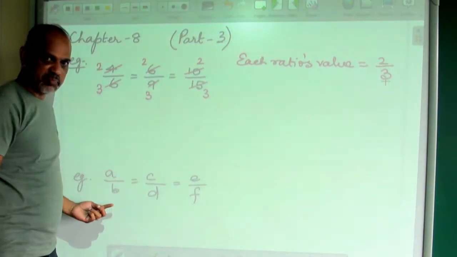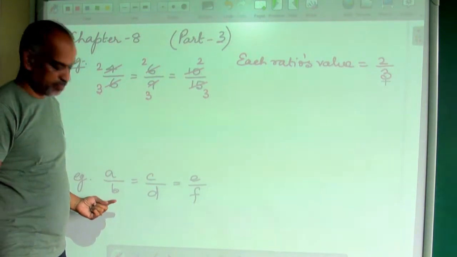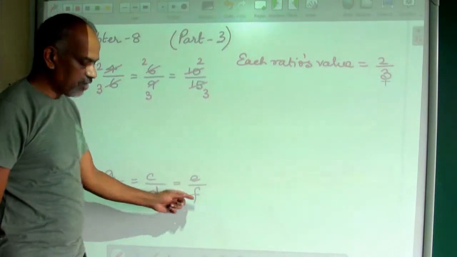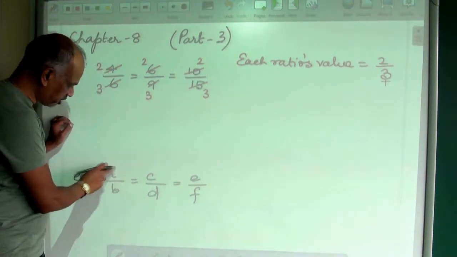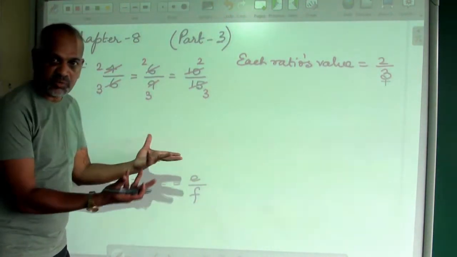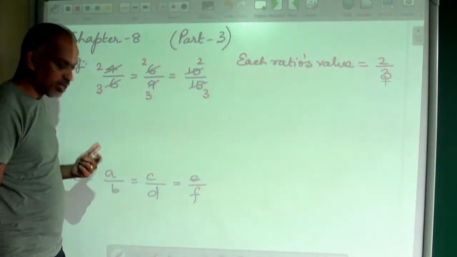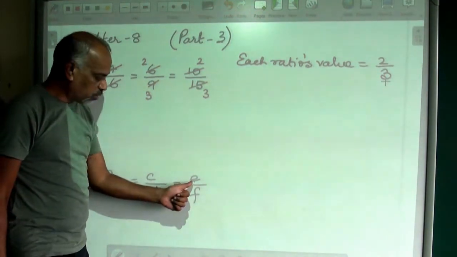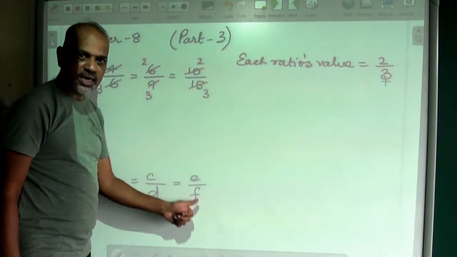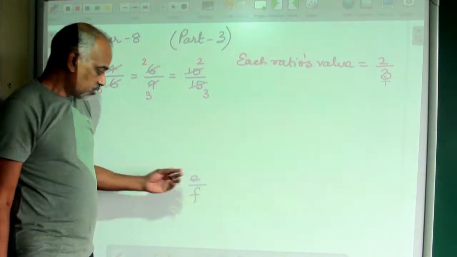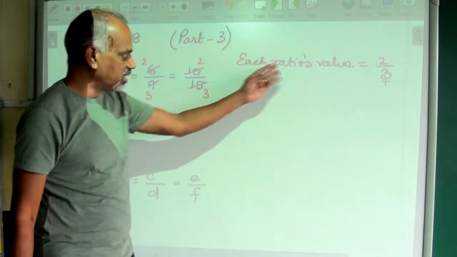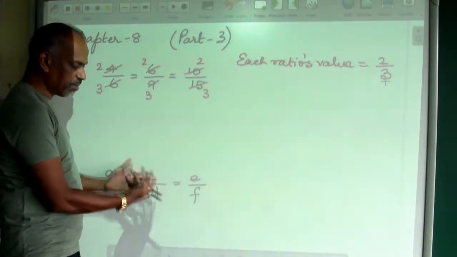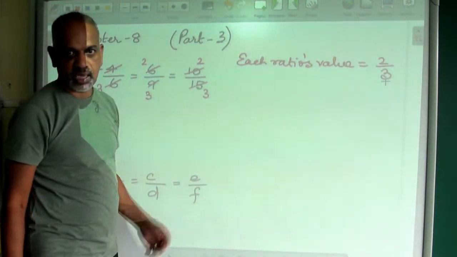I have written a second example where only alphabets are there. A by B is the first ratio, C by D is the second ratio, E by F is the third ratio. Look at the first ratio, A by B. You don't know which is the common factor which is going to divide both A and B. You don't know which is the common factor which is going to divide C and D. And you don't know what is going to divide E and F. So if you are asked to find each ratio's value, it could be A by B, or it could be C by D, or it could be E by F. Anything.